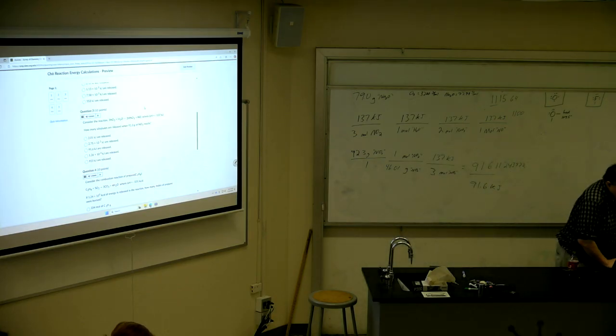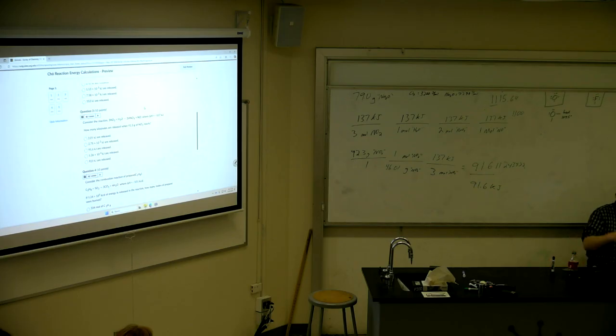Three significant figures, so I'll need 3, so this should be 91.6 kilojoules. Yes, 91.6 kilojoules are released.